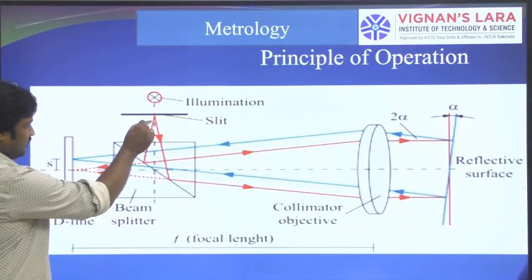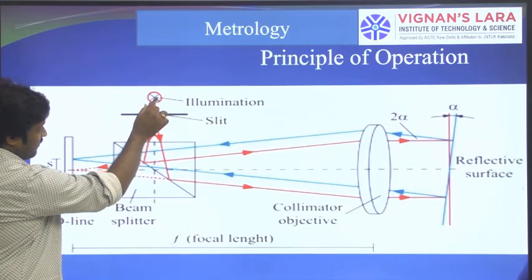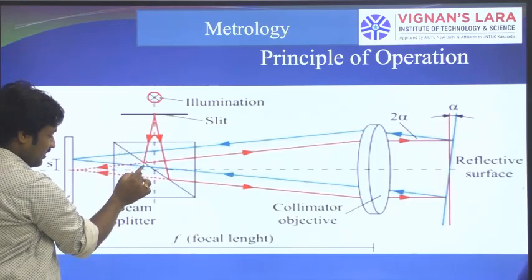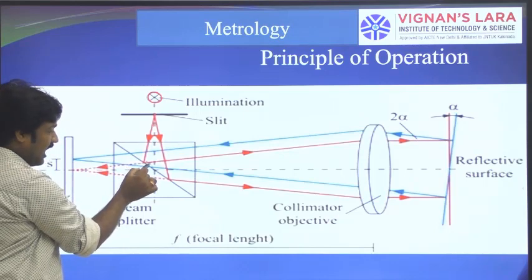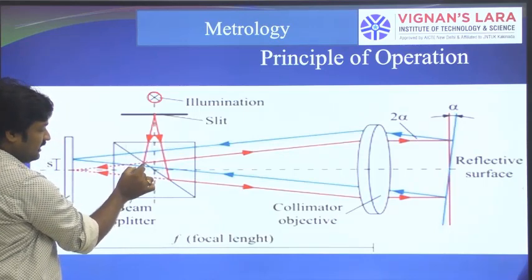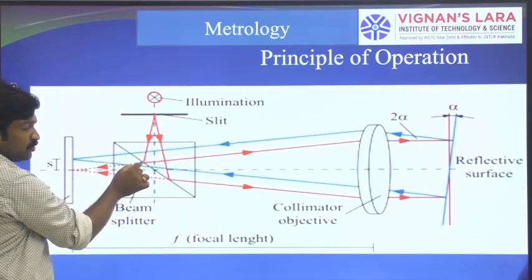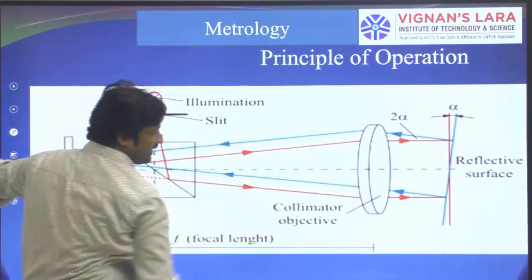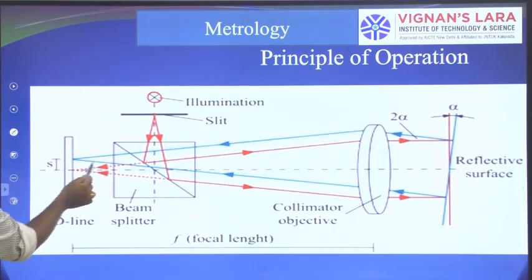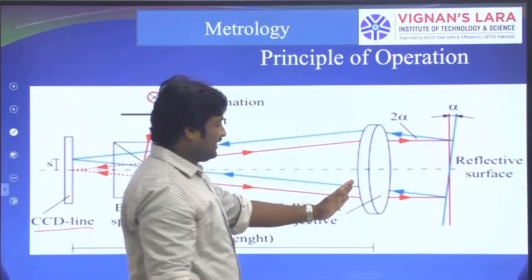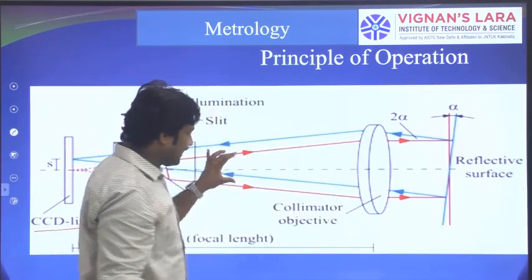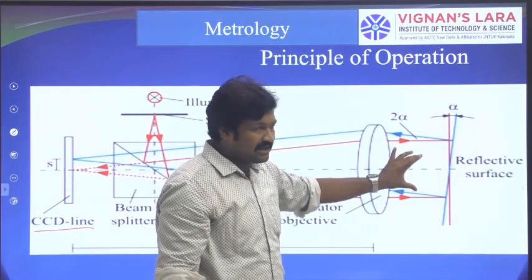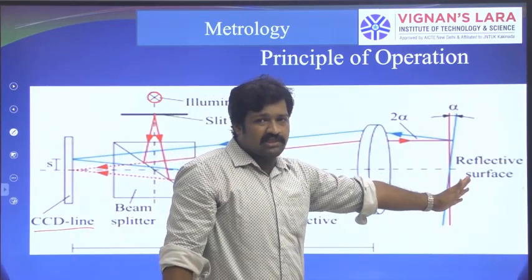The light ray coming from the light source projects on the beam splitter and splits into 2 components. One light ray reflects on the collimating object and one more reflects on the CCD line, that is a screen. From the collimating lens, the inclined beams are converted into parallel beams and projected on the component.